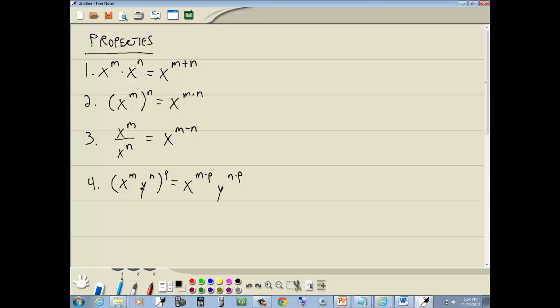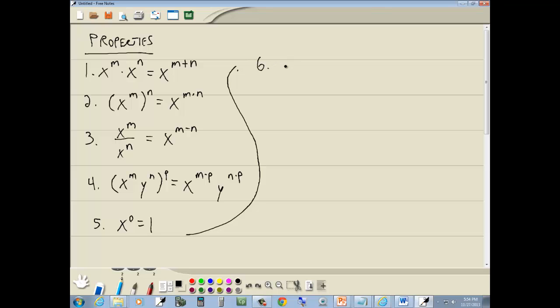Now, we're going to talk more about this one. I don't really like seeing that formula. There's a much easier way to think of this, and it works all the time. This gets you thinking that you're just going to have x to a power and y to a power raised to a power. Not all books do that, but I've seen that before. And if you got something to the 0 power, that's always equal to 1.